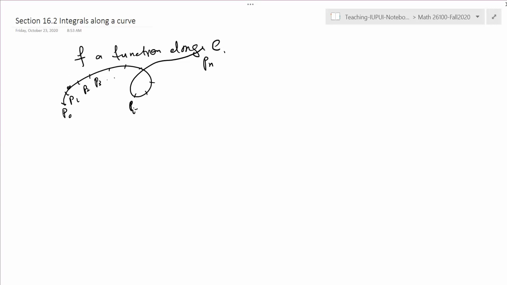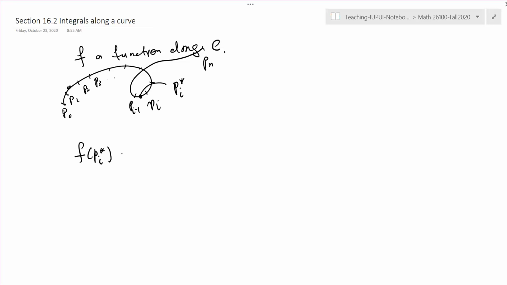If this is P(i-1) to P(i), then take an arbitrary point here, Pi star. So the total value would be f of Pi star, the value at that particular point.